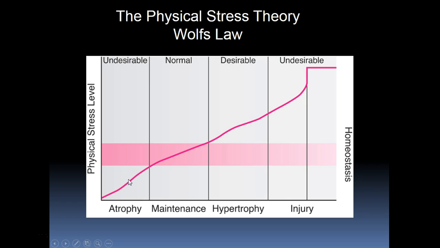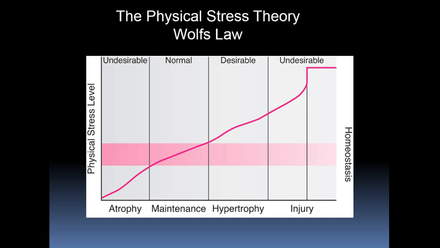So what do we want? What's ideal? What we want to do is apply enough stress so that at least we're maintaining homeostasis. And if nothing else, if the stress is increased and it's applied to the body at a progressively increasing rate, then maybe we might have some hypertrophy that occurs.